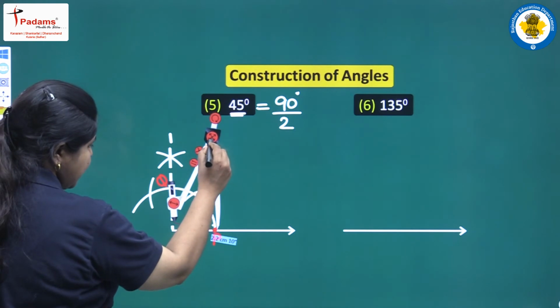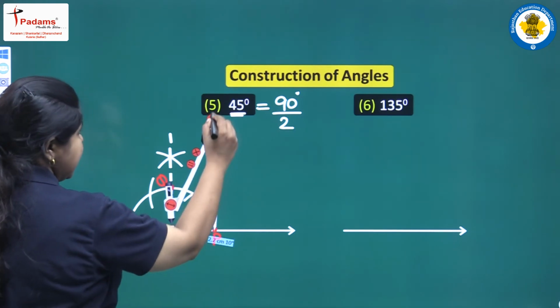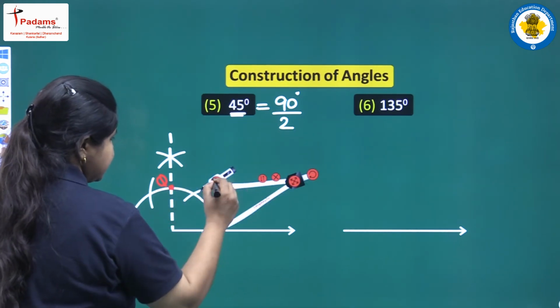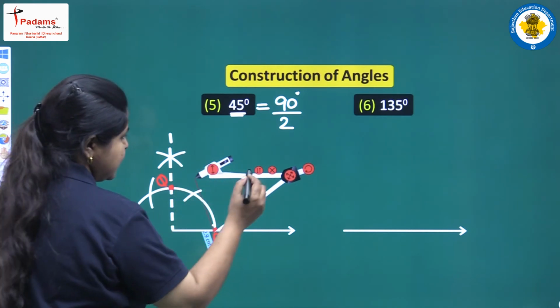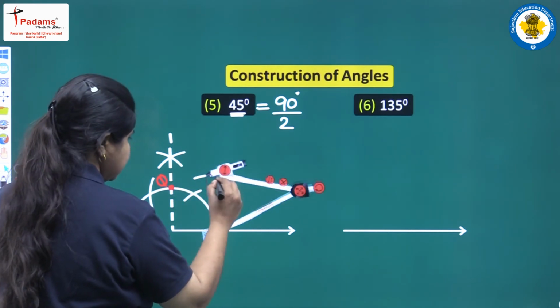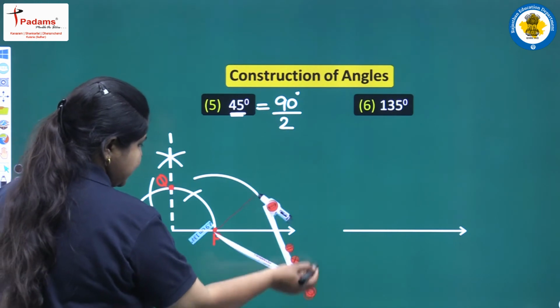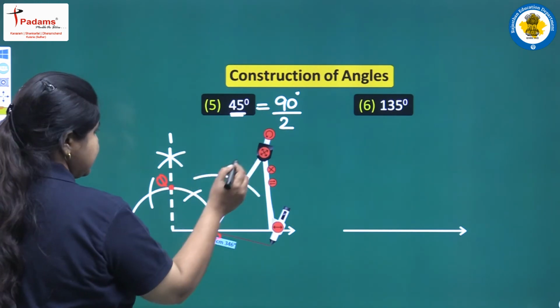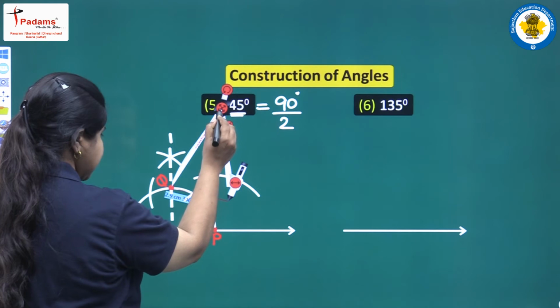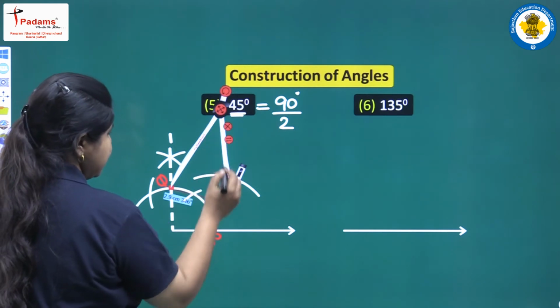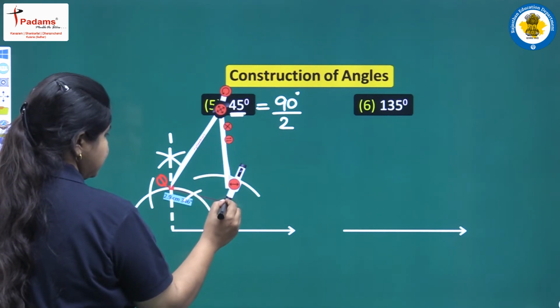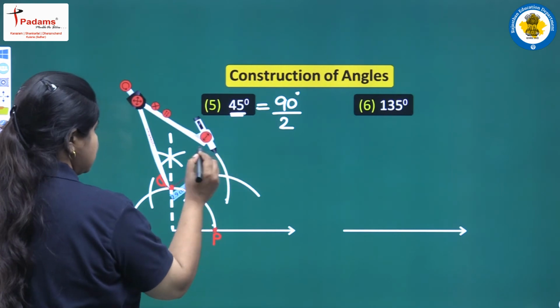First we will keep the pointed end at this point P and remember to take the radius of equal measure. So here we are drawing one arc in this way. Taking it back at point Q, we will be placing it, and again with the same radius we will be drawing an arc in this way.